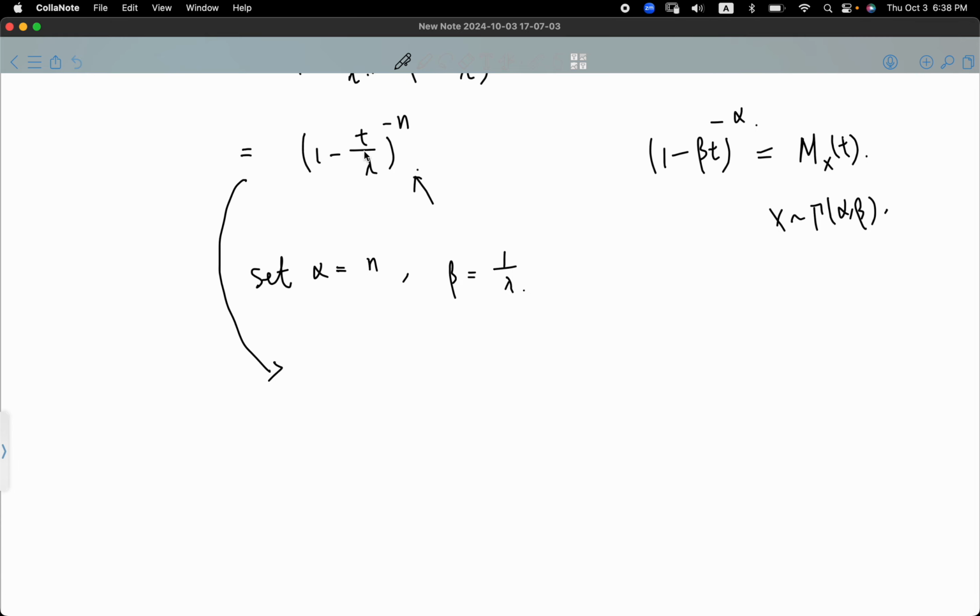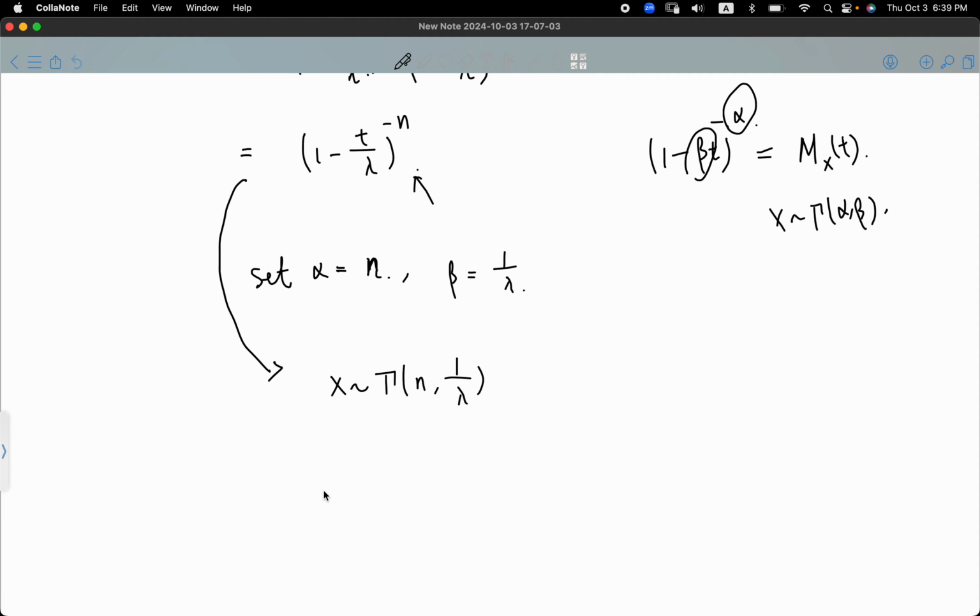So if I set this alpha equal to n, and this beta equal to 1 over lambda, then essentially the left part is a moment generating function of a gamma random variable following a gamma distribution with alpha equal to n and beta equal to 1 over lambda.